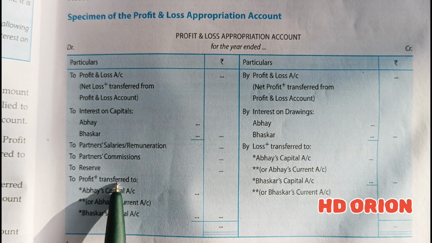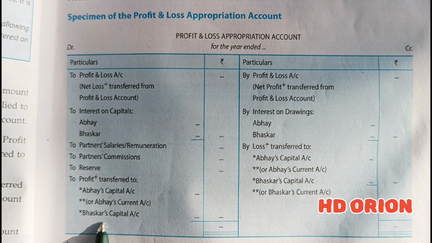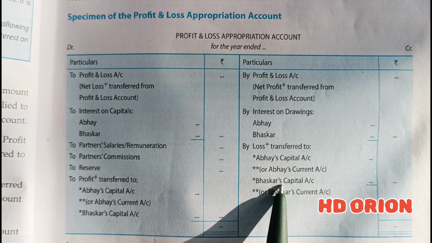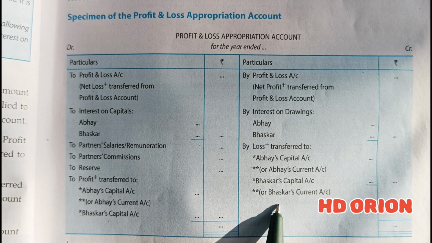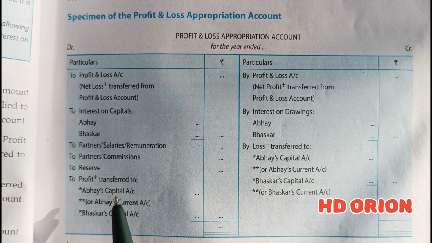So if there is a remaining distributable profit, then it will be shown on the debit side of profit and loss appropriation account, and if it is a loss, then it will be shown on the credit side of profit and loss appropriation account. So all the items shown on the debit side are the appropriation of profits in the form of interest on capital, salary, remuneration, commission or reserve to the partners.